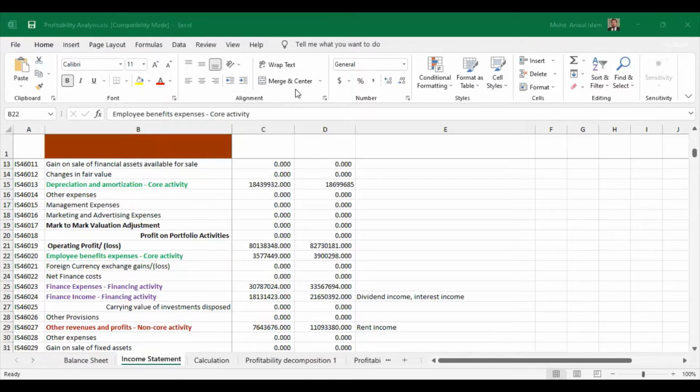Give your response in the chat box. What do you expect? As it is a part of the operation, it should come before estimation of operating profit. So this should be corrected when we make the reformulation of the income statement.